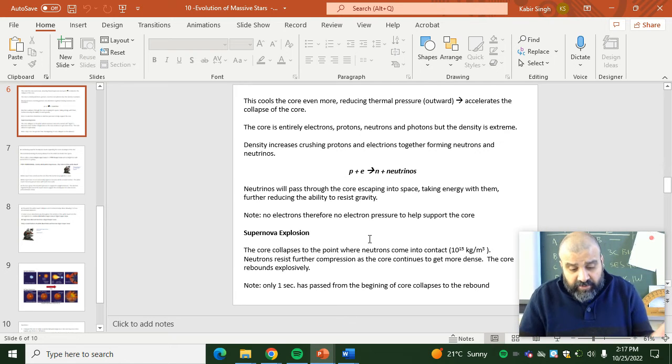This outward rebound is very explosive. It blows away the non-burning outer shell of the star, and all the silicon, neon, oxygen, helium and carbon. It blows away all those shells, scattering what's left of the star to the cosmos.